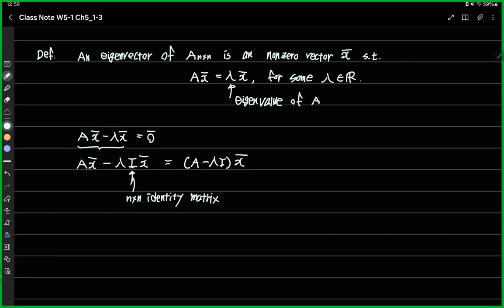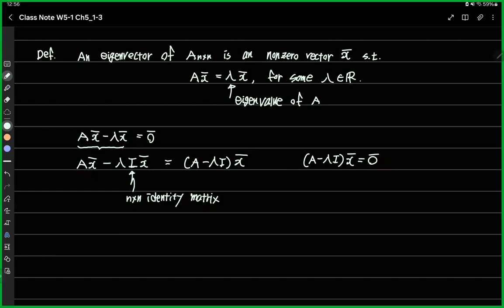How can you possibly subtract a scalar from a matrix? So now we got this: A minus lambda I times x bar is equal to 0.